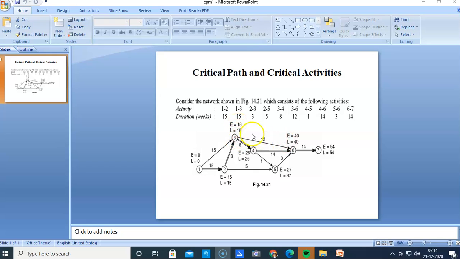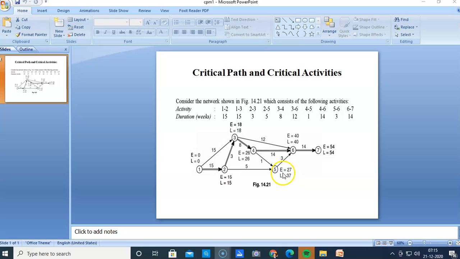Similarly, we go this way, 18 plus 12, it is 30, to reach node 6, and if I go by this path, it is 18 plus 8, 26, and 26 plus 1, it is 27, and if we go by this, it will be 15 plus 5, 20. So the maximum of these paths will be taken, that is 27.